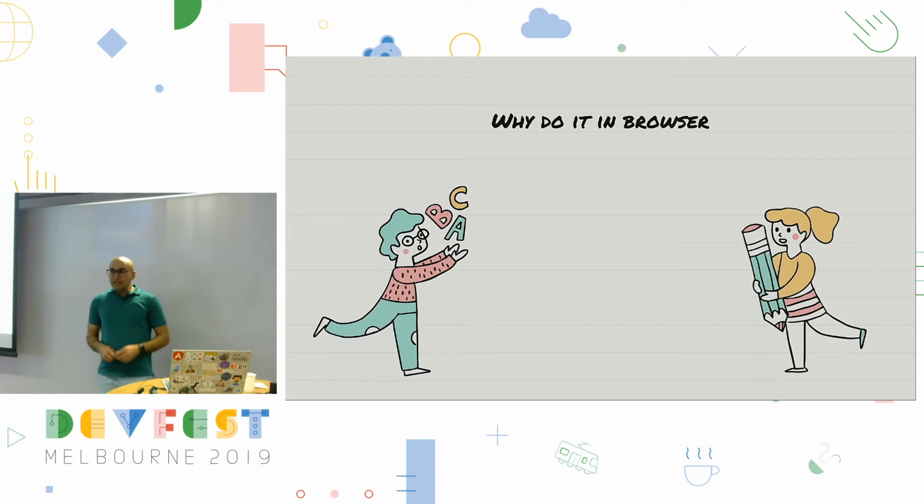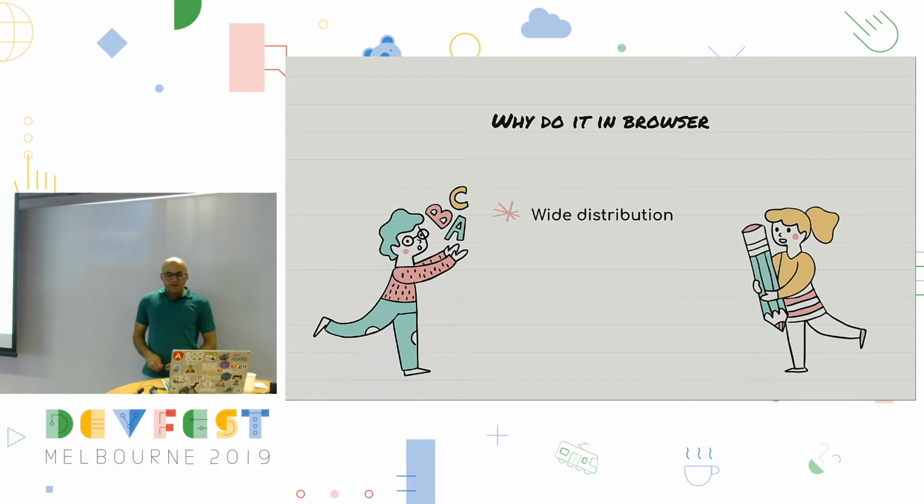So basically, we've been doing machine learning for many years, but now the main question is why we're doing it in the browser. What's the difference now? The very first one is, if you can run anything on the web, it gets a really wide distribution. So a lot of people around the world can use it. Previously, if you had developed a machine learning model, it would be local to you.